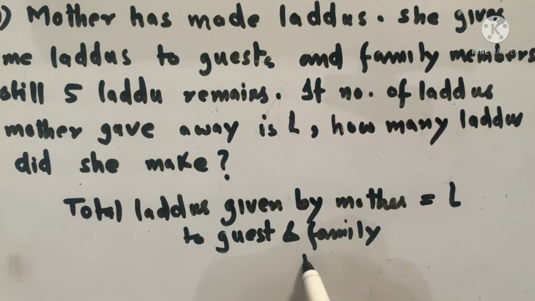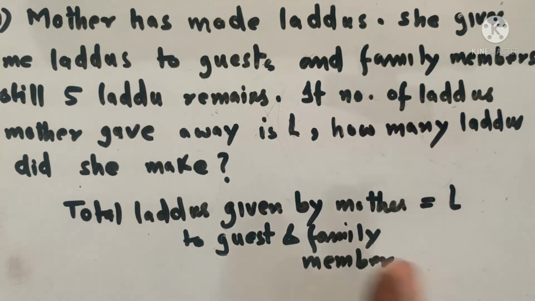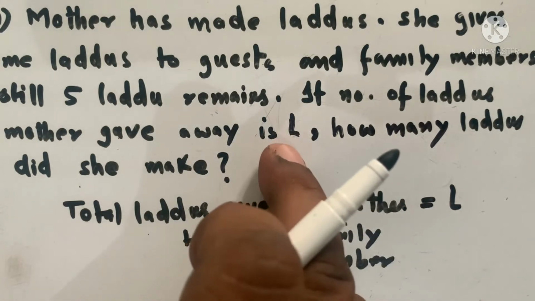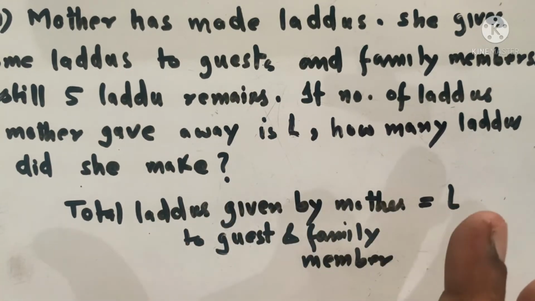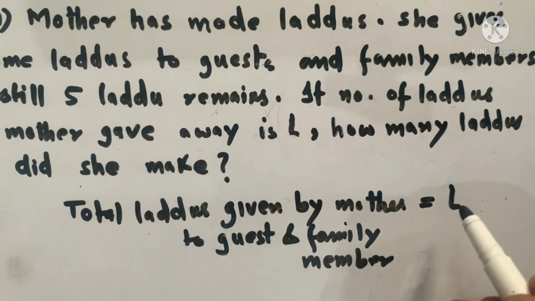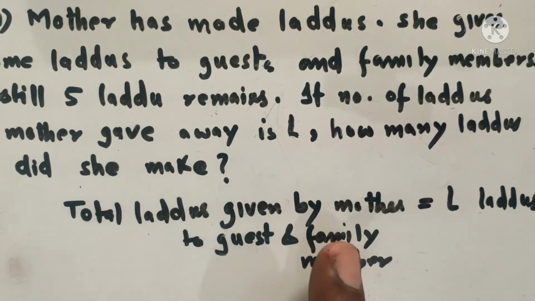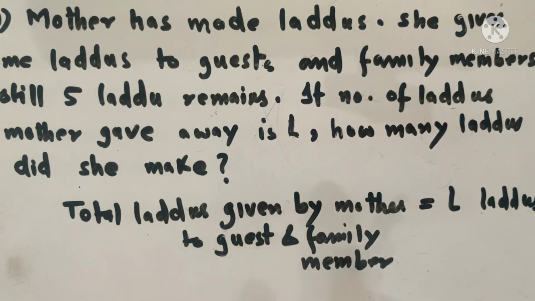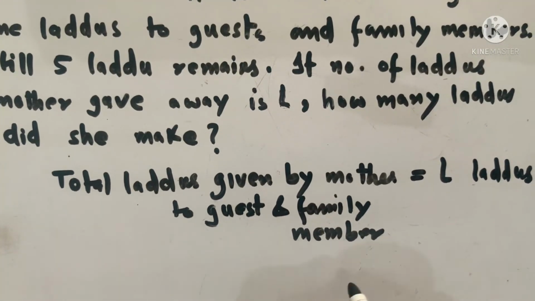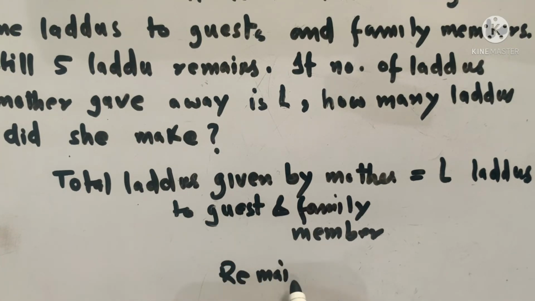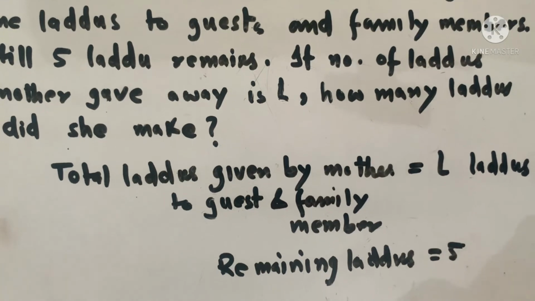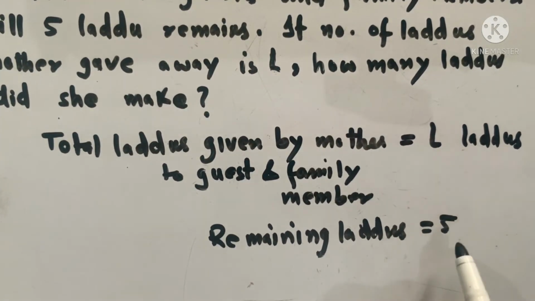It is given that if laddus mother gave is L, the total number of laddus given to guests and family members is L laddus. Now the total number of remaining laddus is 5. So the total number of laddus will be L plus 5.